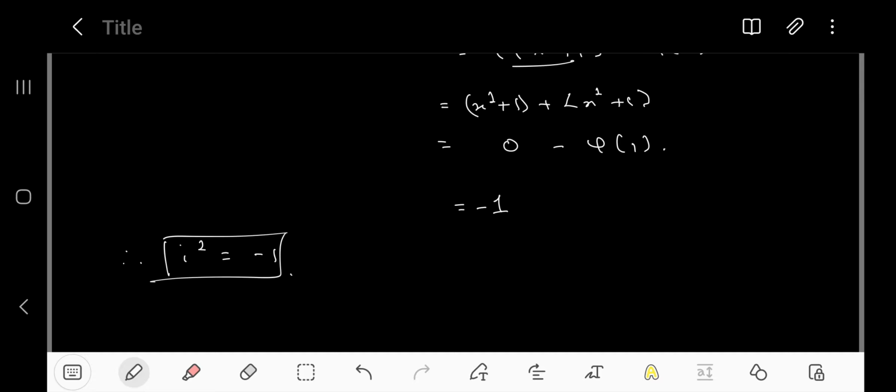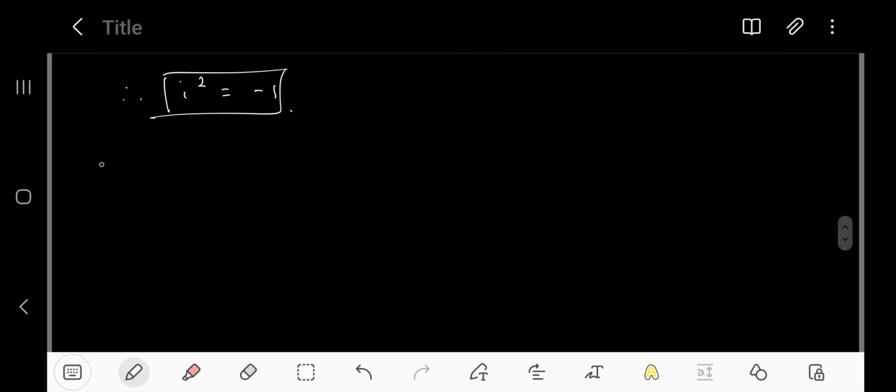Okay. Now the rest of the things is pretty easy to notice. Why? See, we are pretty familiar with the fact that R[x] is a Euclidean domain. So what does that imply?